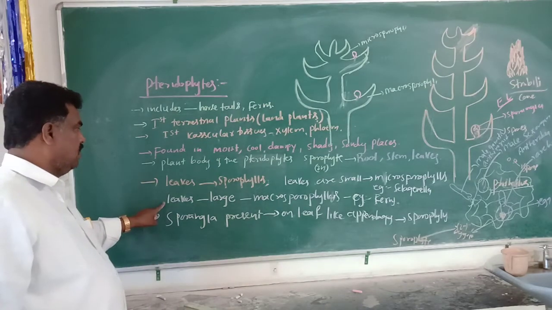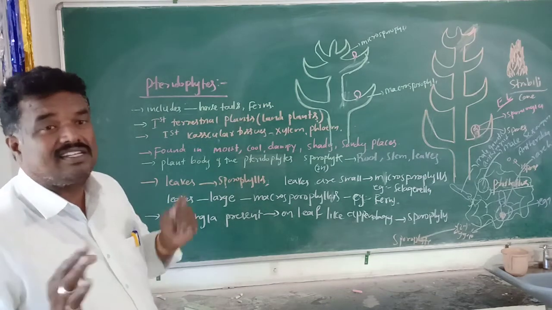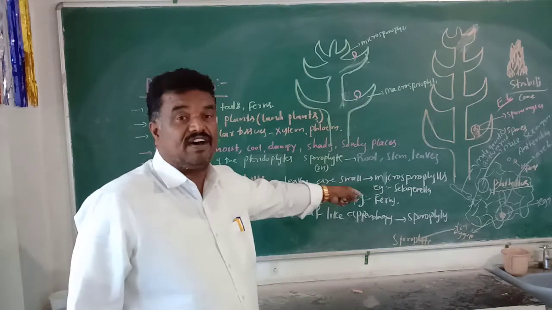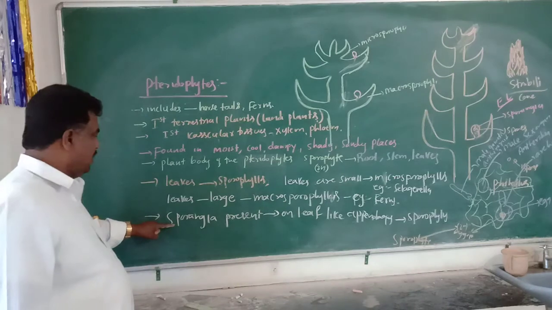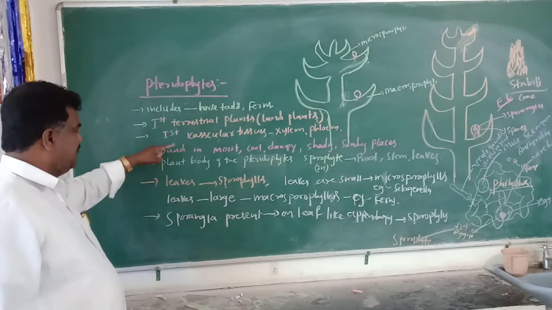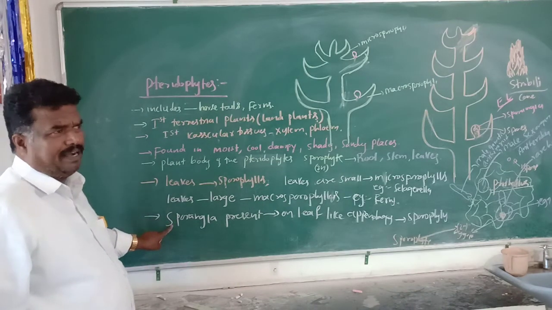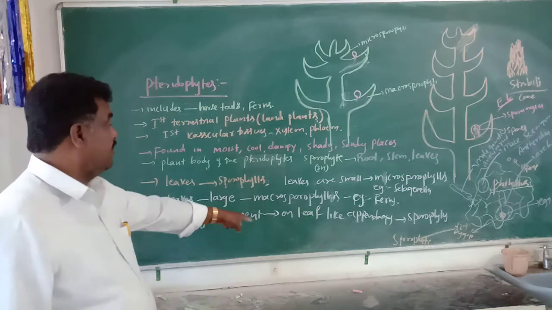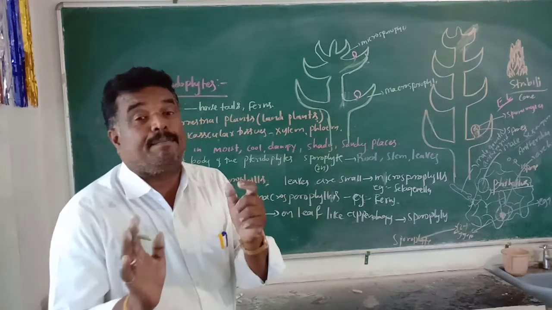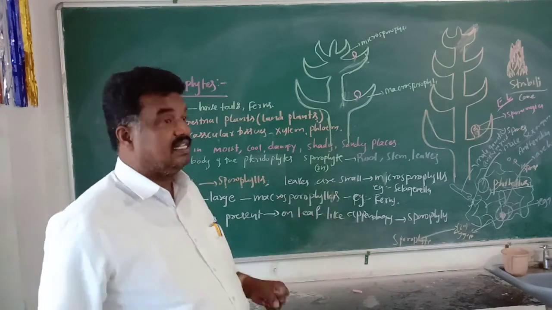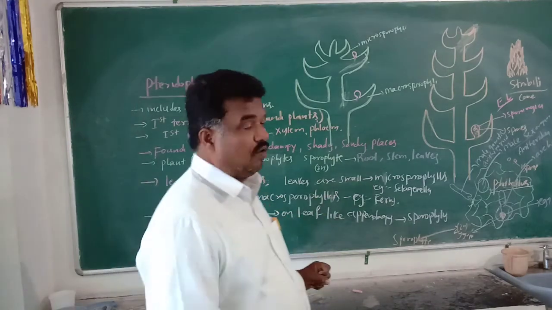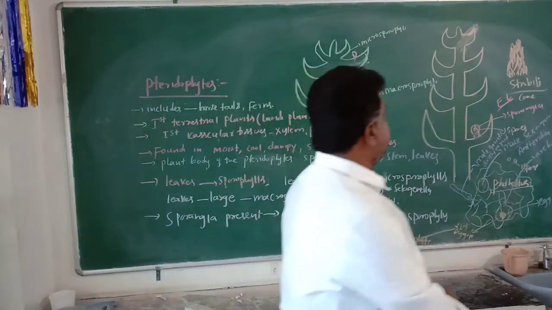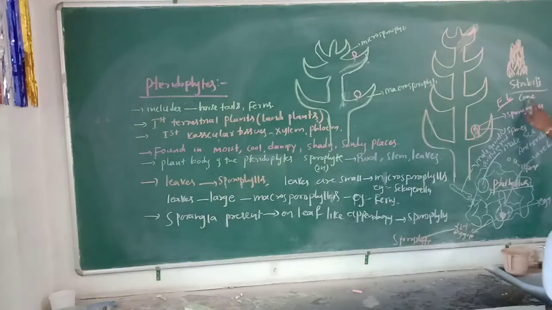And in some pteridophytes the leaves are large in size and are called macrophylls, for example ferns. Why is the pteridophyte plant body called sporophyte? Because they have sporangia. Sporangia present on leaf-like appendages are called sporophylls. Sometimes these sporophylls are arranged and form a compact structure called strobili or cone.